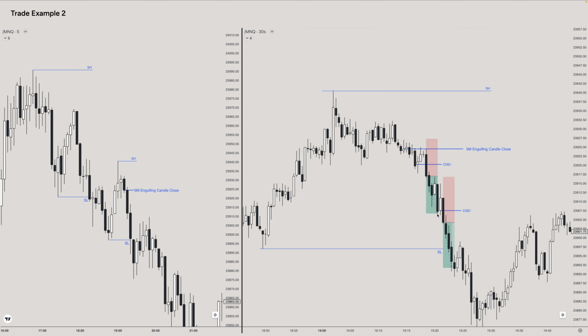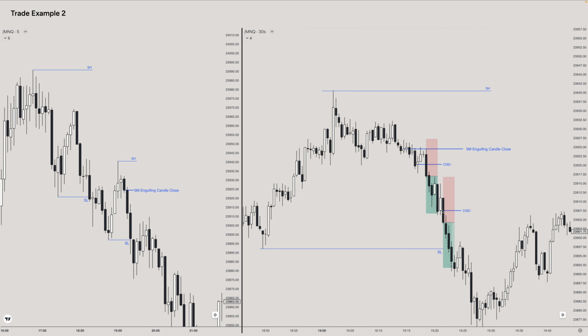Now, remember what I said, once we are in the leg down, we can also start trading one candle pullbacks, because often when the trend and momentum is very strong, you will get one candle pullbacks. So after we get out of this trade, the next candle is the first trend pullback candle again. So we mark out this first candle here, because again, we never know how big the pullback will be.